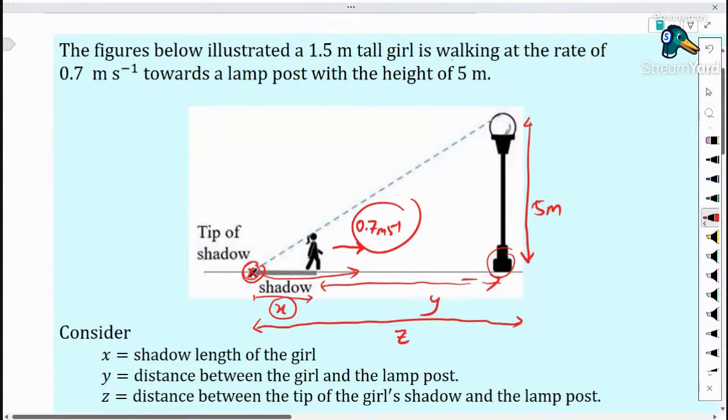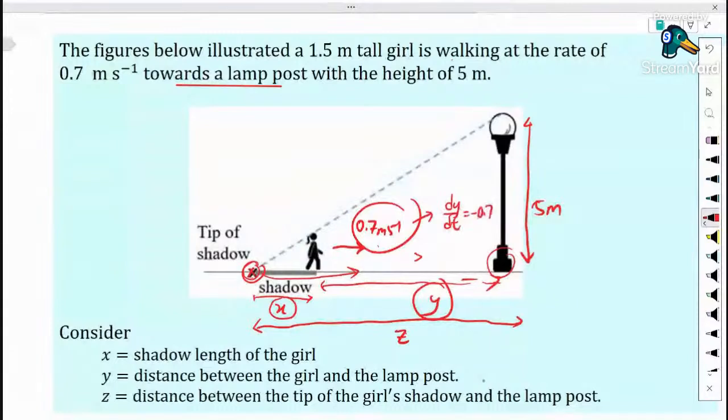This refers to the rate at which the girl is walking towards the lamppost. When the girl walks towards the lamppost, the distance y is decreasing at this rate, so dy dt equals negative 0.7. Of course, the shadow is also decreasing, but that is the thing I'm looking for.